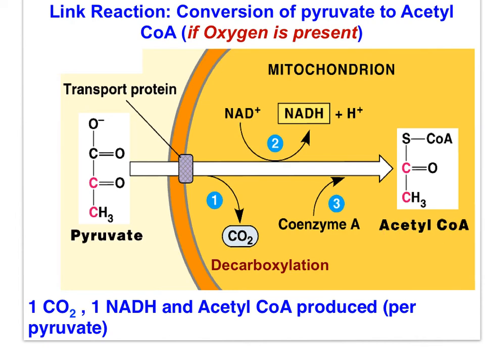Acetyl-CoA enters the Krebs cycle. The link reaction results in the following products: 2 carbon dioxide molecules, 1 for each pyruvate, 2 NADH molecules, 1 for each acetyl compound, of which there are 2, and 2 acetyl-CoA molecules ready to enter the Krebs cycle.